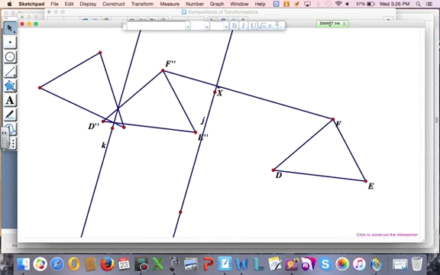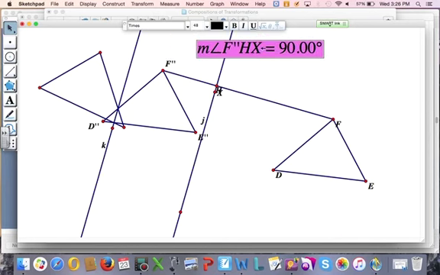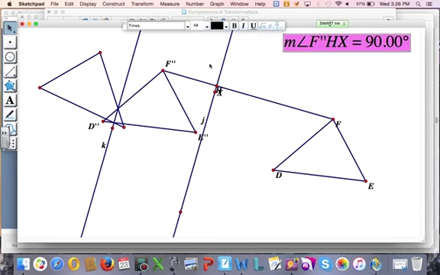Well, it looks like I might have a very special kind of angle here. Let's check. If I measure this angle, it's 90 degrees. So that means that it traveled in a direction perpendicular to my parallel lines.